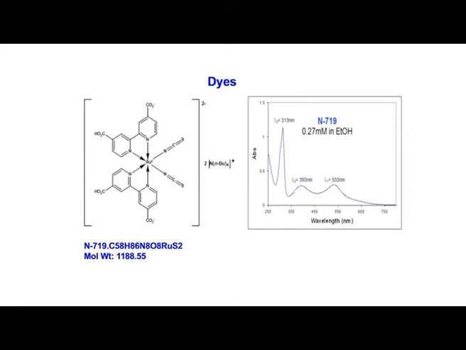On the right side, you can see the UV-visible spectra of the dye N719, where it absorbs from 200 to 800. When it absorbs from 200 to 800, it can eject the electron from the HOMO to the LUMO. So, when sunlight falls upon the dye, it can eject electron from the HOMO to the LUMO, that can go to the semiconducting oxide, and all the process can happen.